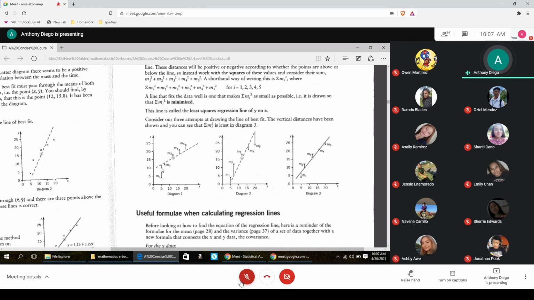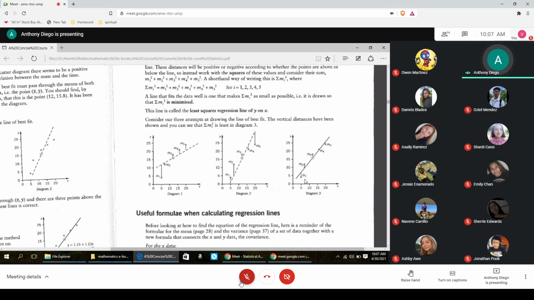If you notice, this one is going down, this one here is going up, and this one here is going up. But the vertical distance away from the line tends to differ. Now, which one of them would you tend to choose? Well, you're going to choose the one that has the least squares, which would have been diagram 3.